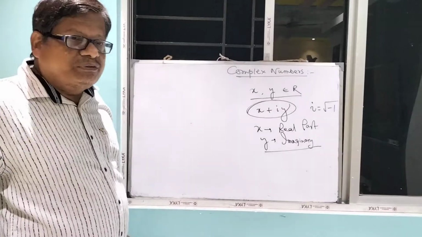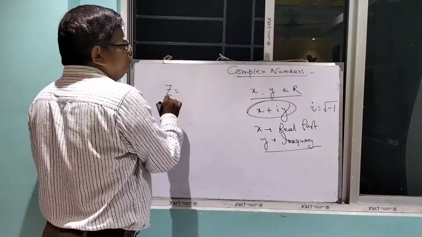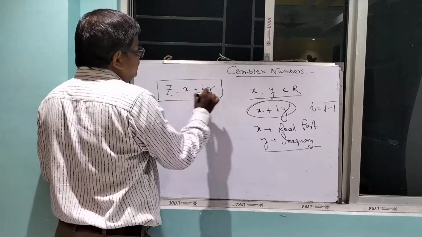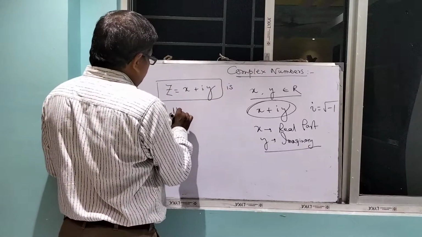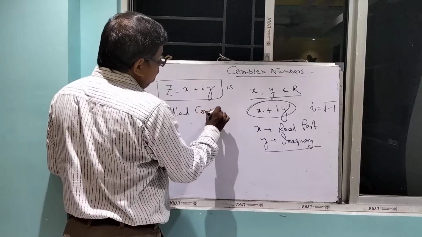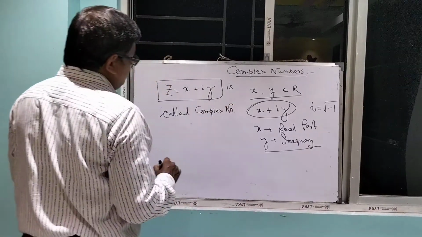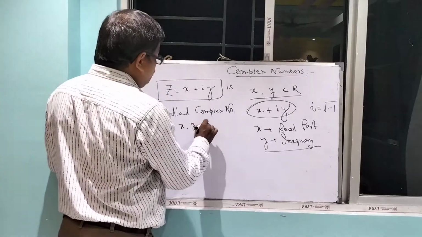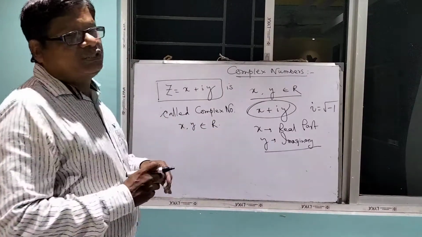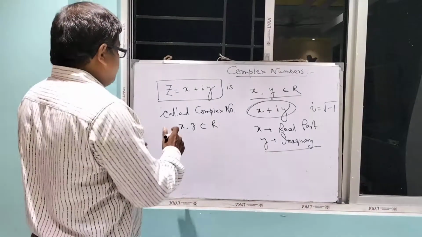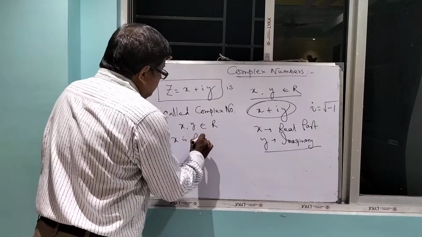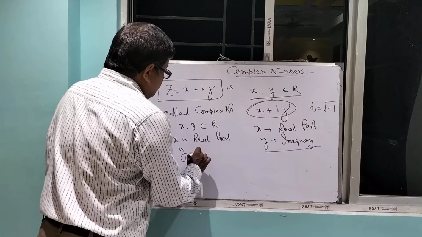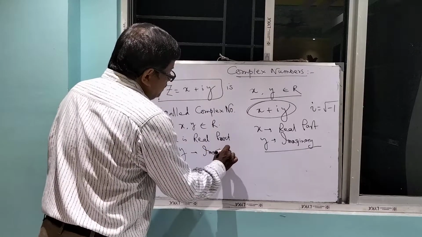It is denoted by the symbol z. So write z equal to x plus iy, called a complex number, where x and y both real, x and y belong to R. x is called the real part and y is the imaginary part.